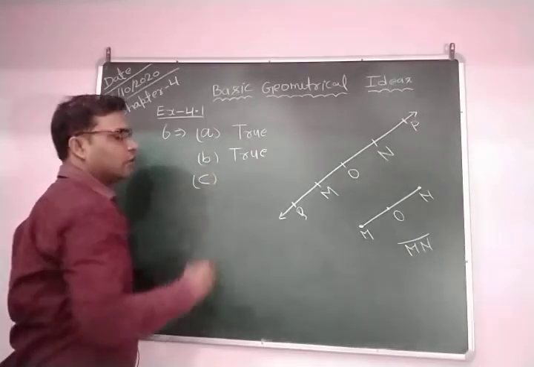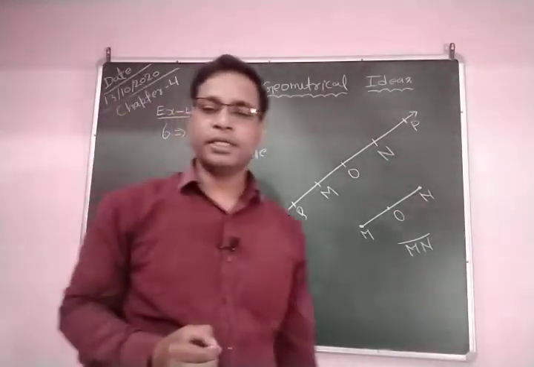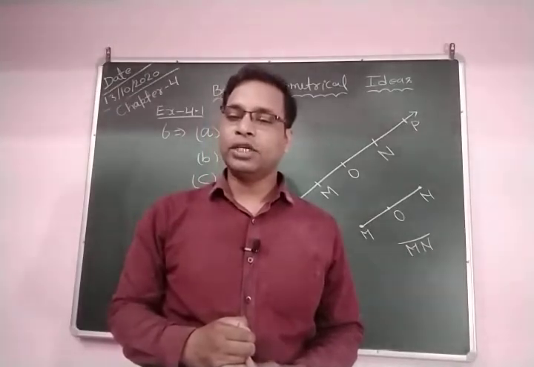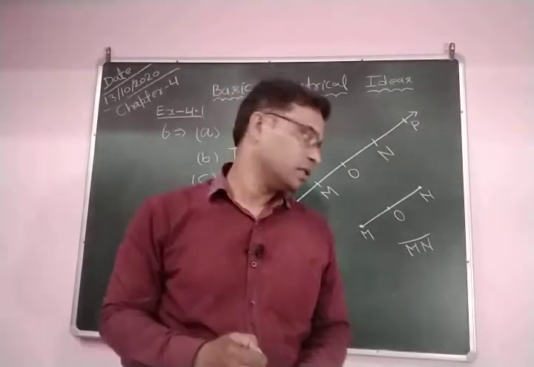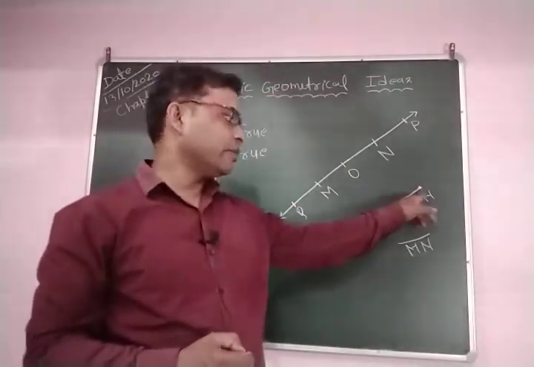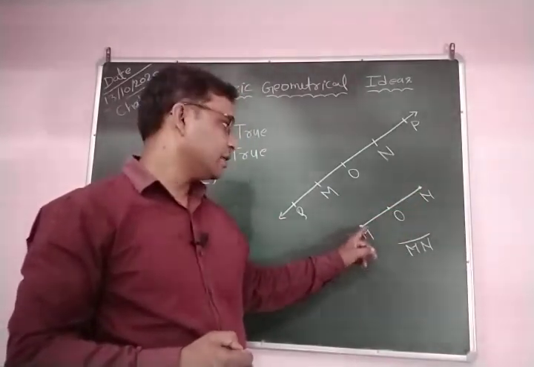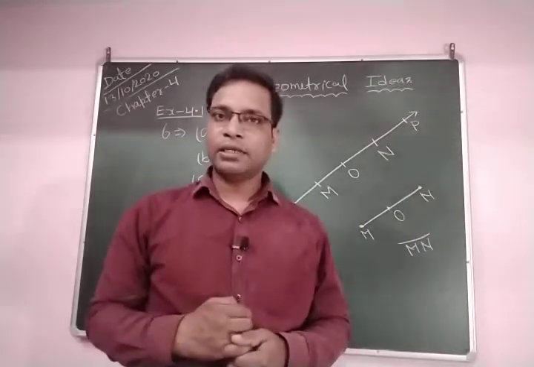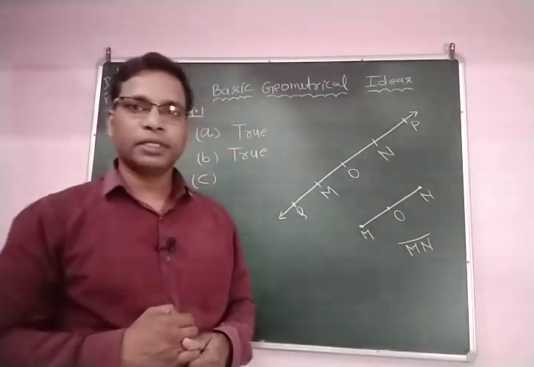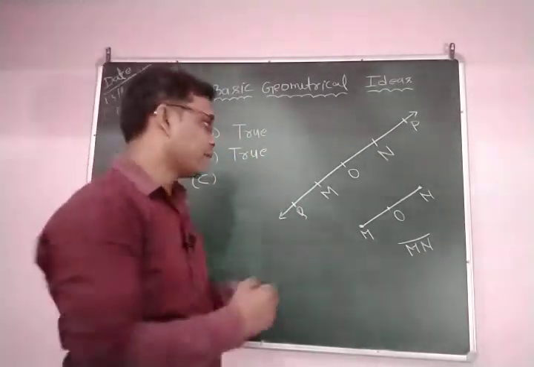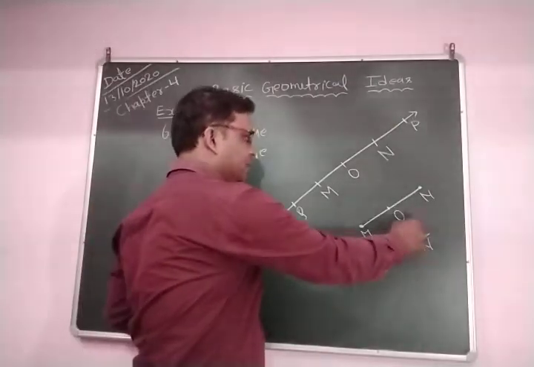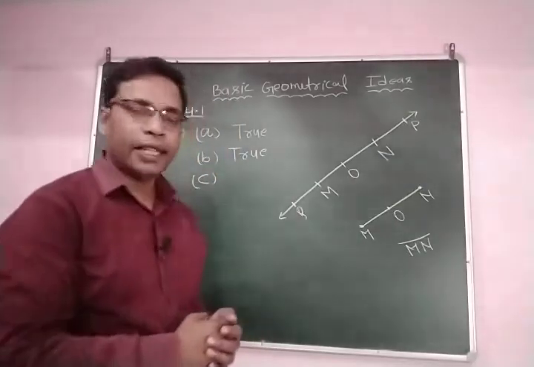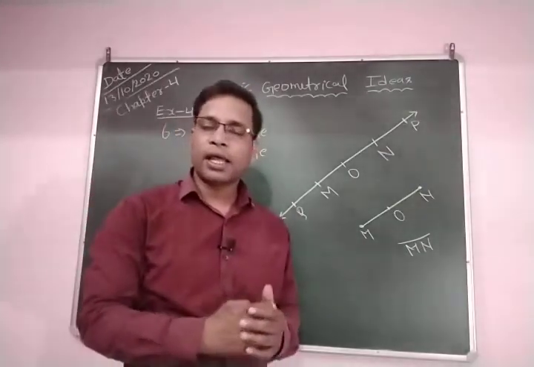Now, the next statement: M and N are the end points of the line segment MN. You can see here point M and point N are the end points of this line segment. Clear?